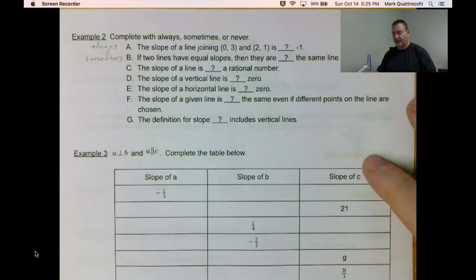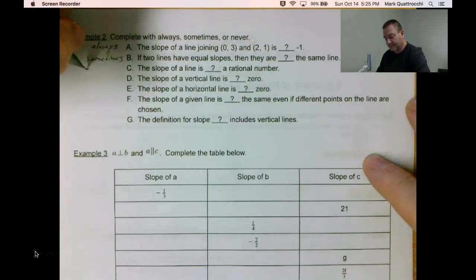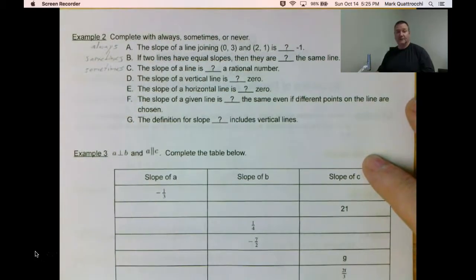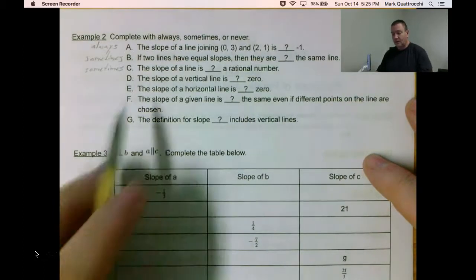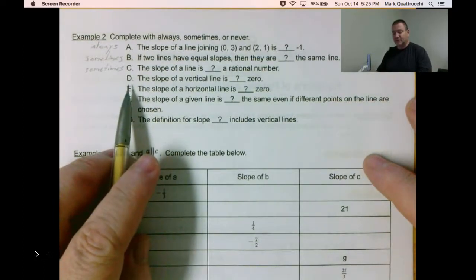The slope of a line is always, sometimes, or never a rational number. Sometimes. Sometimes it's an irrational number. Could be √2 over 2. D, the slope of a vertical line is 0.